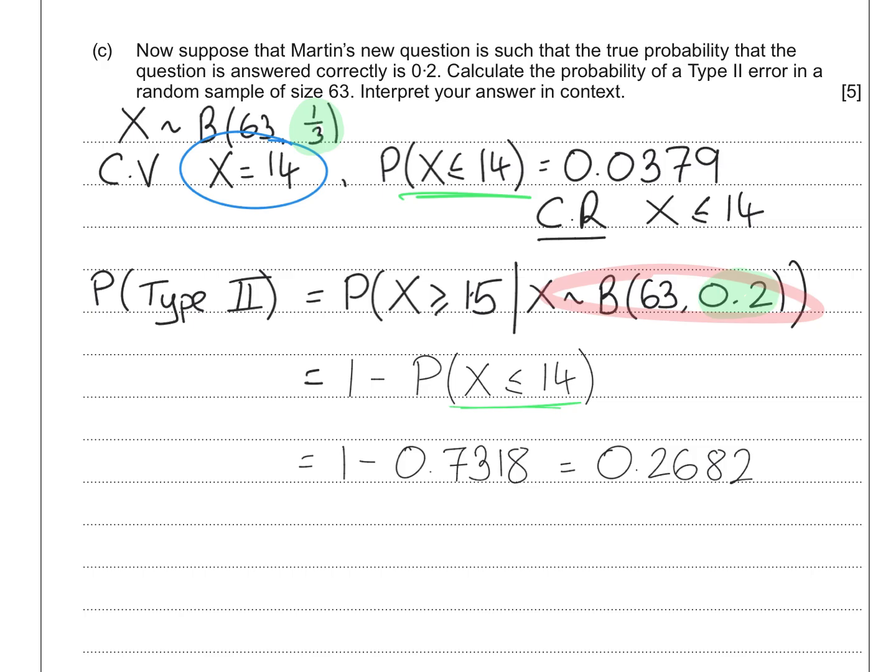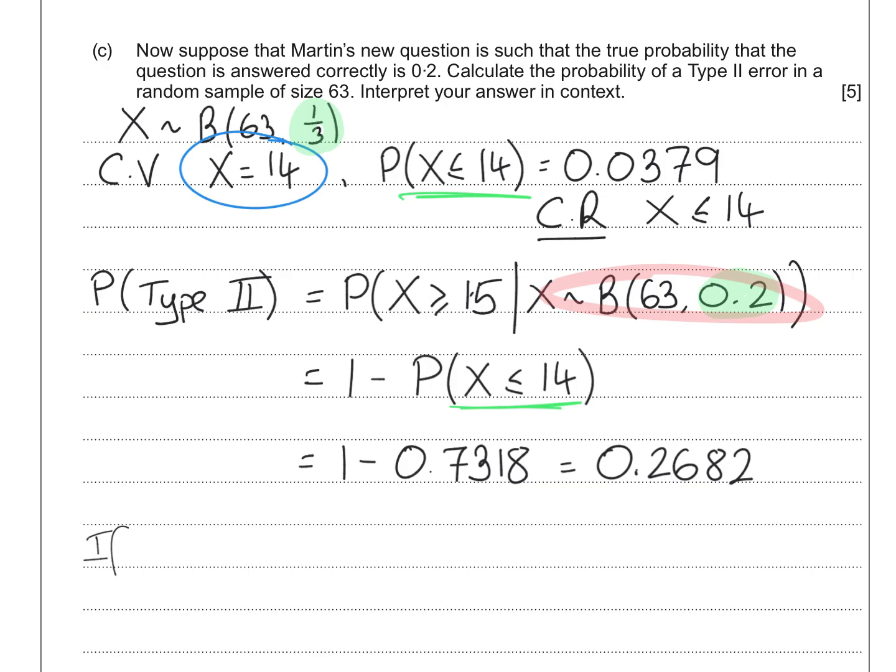What else could I say? Yeah, I think that would probably be my answer. If the probability that people answer the question correctly is 0.2, well then there's a nearly 27% chance that Martin's hypothesis test, or our hypothesis test that we're doing for Martin, leads to the incorrect conclusion.